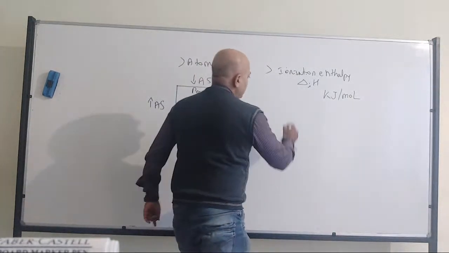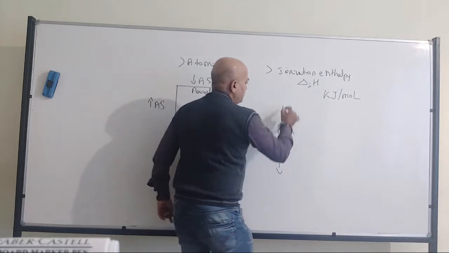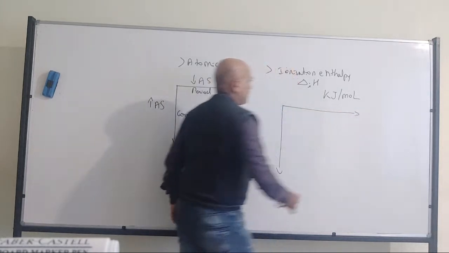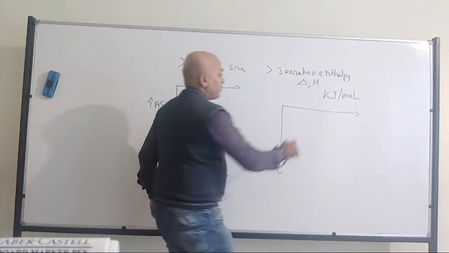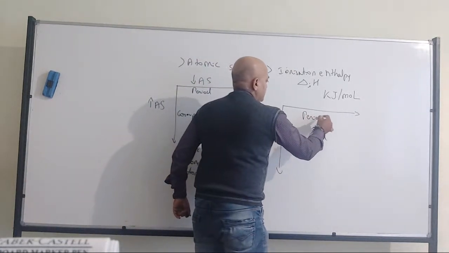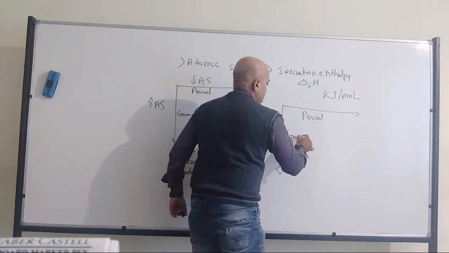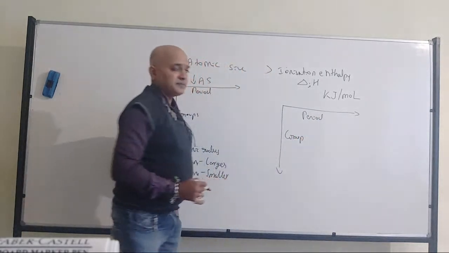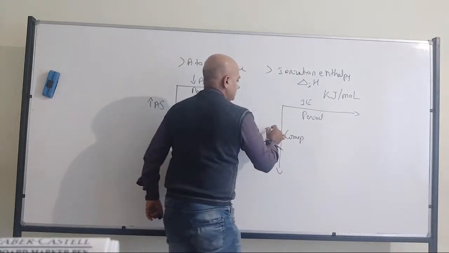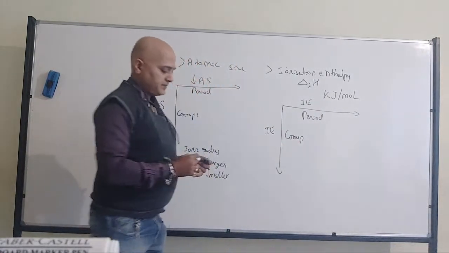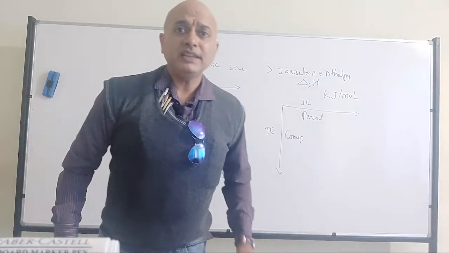Right? Now if I want to see the distribution of elements with respect to ionization enthalpy, across the period, what should happen? Should it increase or should it decrease?